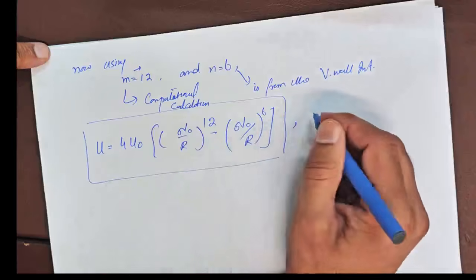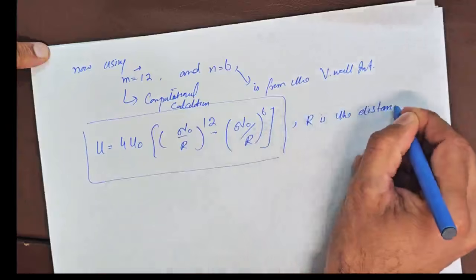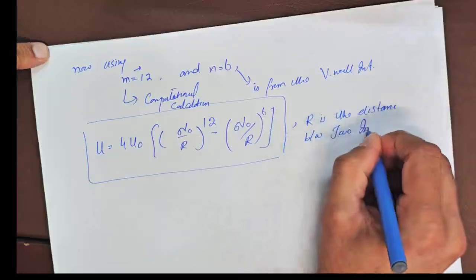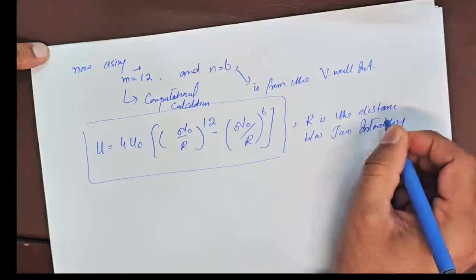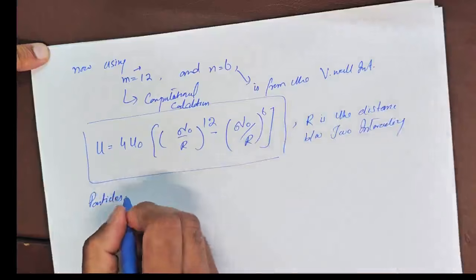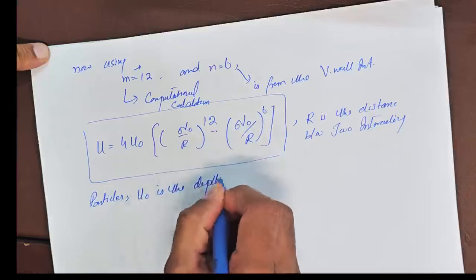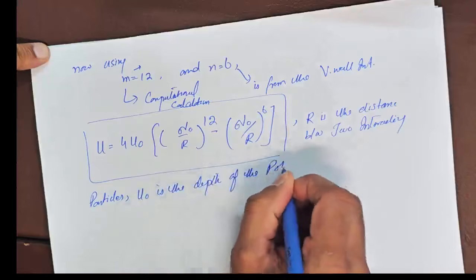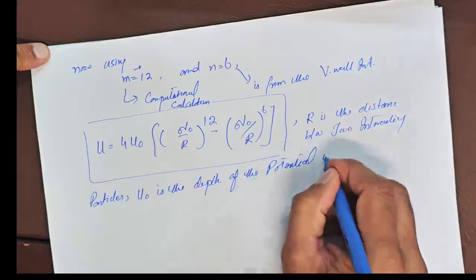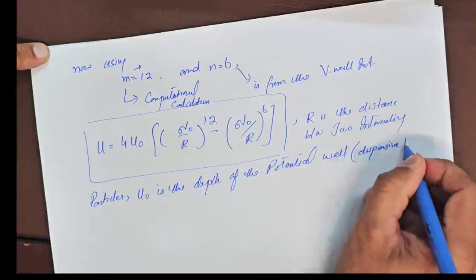Here r is the distance between two interacting particles. U naught is the depth of the potential. The potential is sometimes called dispersive energy.